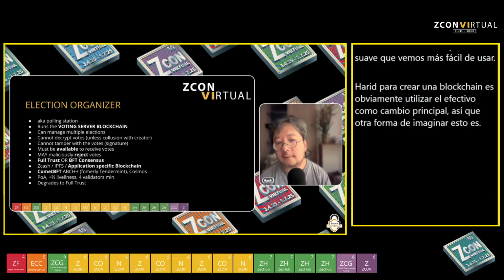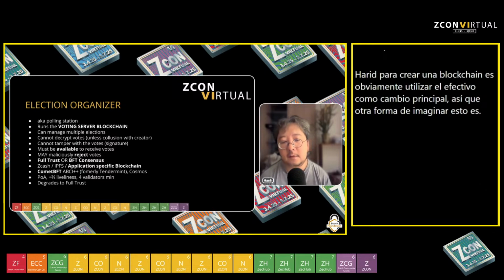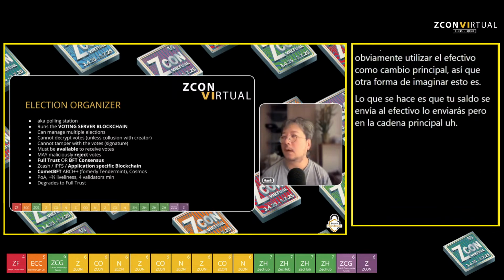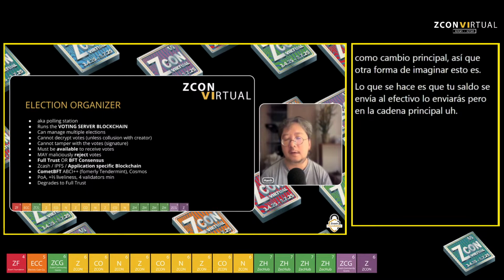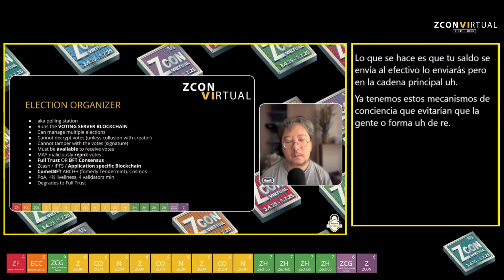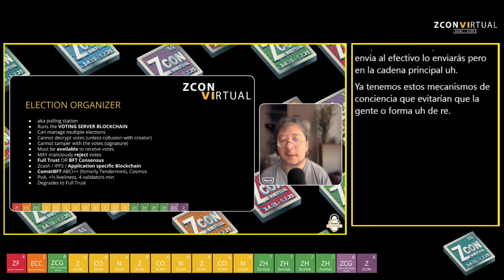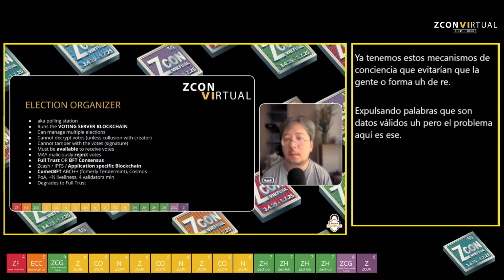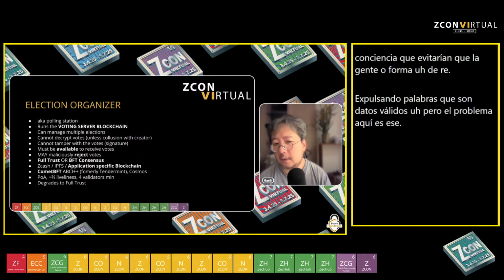We already have this consensus mechanism that would prevent people from rejecting data that is valid. But the problem here is that the Zcash memo size is too small. A Zcash memo is at maximum half a K, and the votes are about 10K per note.